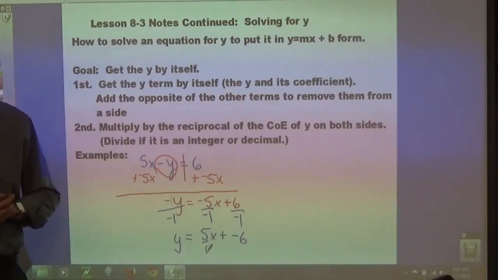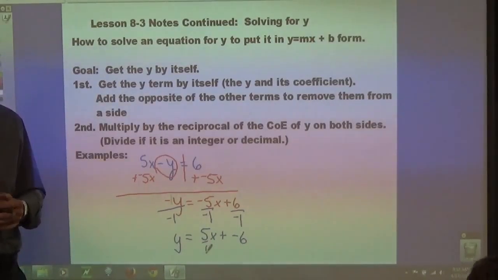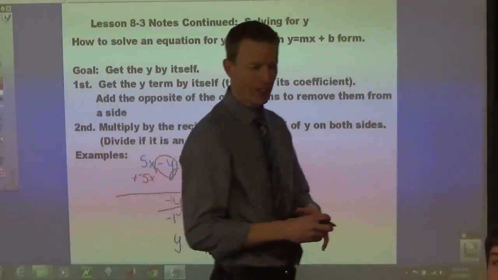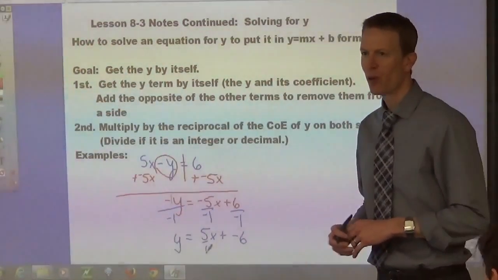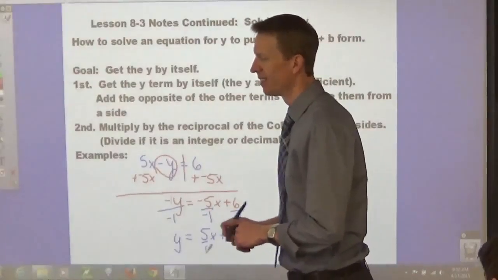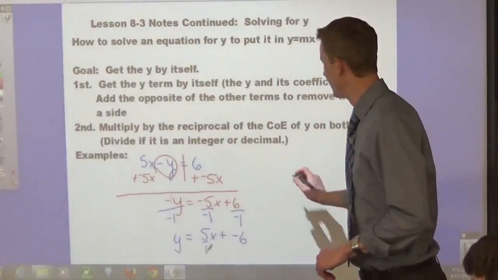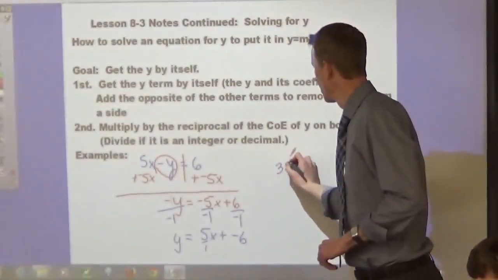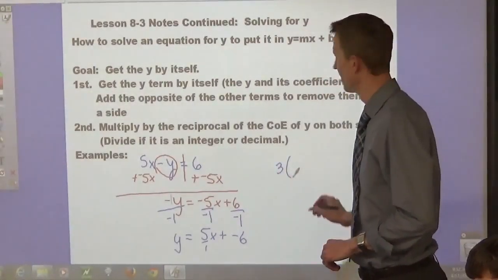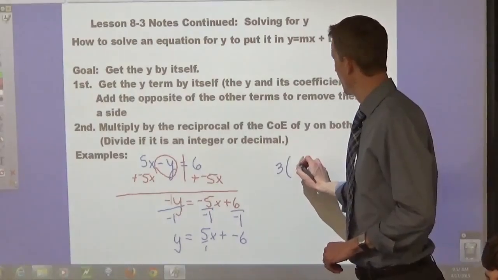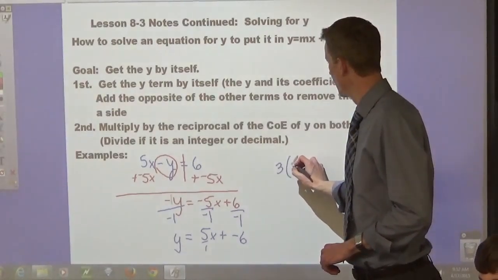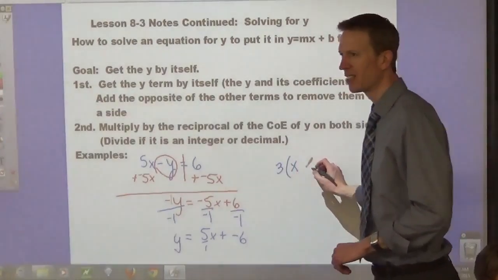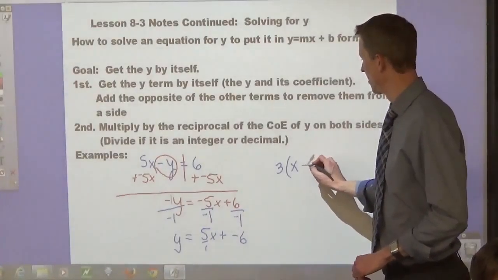How about that extra credit question that you had on your quiz? What would we do with that? Does anyone remember it? In parentheses, 9 plus 5x or something. 3, and then in parentheses, x minus 2y.